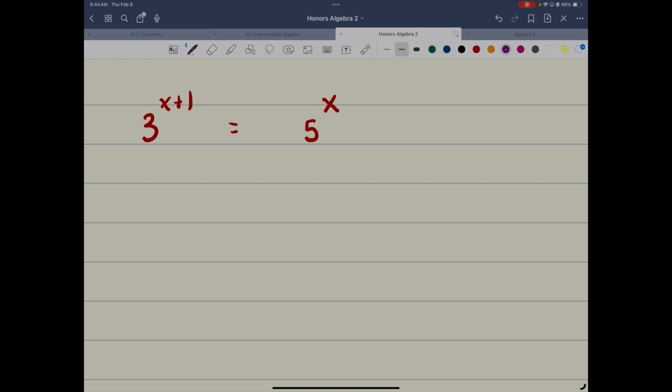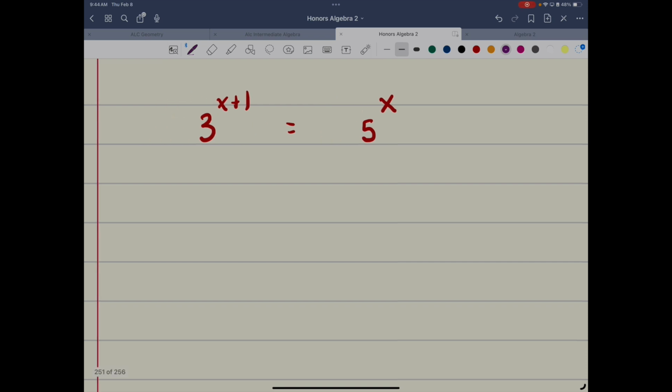So the first thing I'm going to do is make this log base 10 of 3 to the x plus 1 and this log base 10 of 5 to the x power.